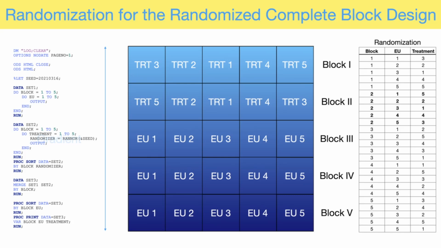1 through 5, respectively. Continuing on with block 3, the procedure assigned treatments 2, 5, 4, 3, and 1 to experimental units 1 through 5, respectively. Block 4, the procedure assigned treatments 1, 5, 3, 2, and 4 to experimental units 1 through 5 respectively.